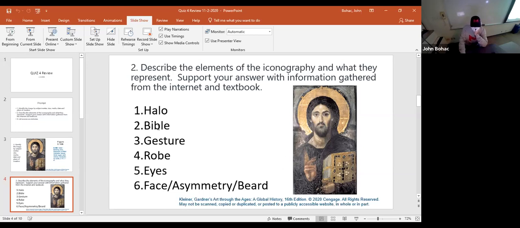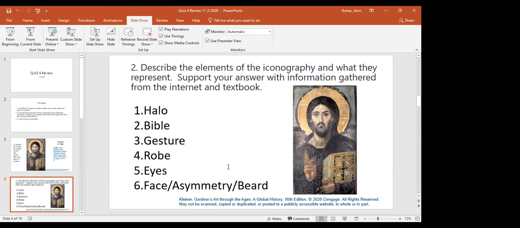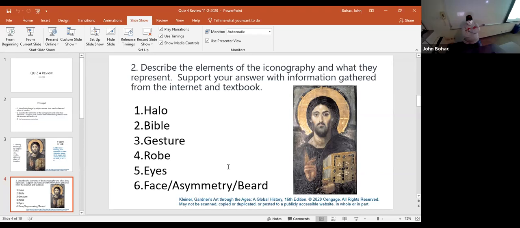This book, the Bible, this is an icon. It's a book and it's got a cross on it and it represents a Bible. That is really an important part of this icon because I told you about the councils of Nicaea set up by Constantine in Turkey.